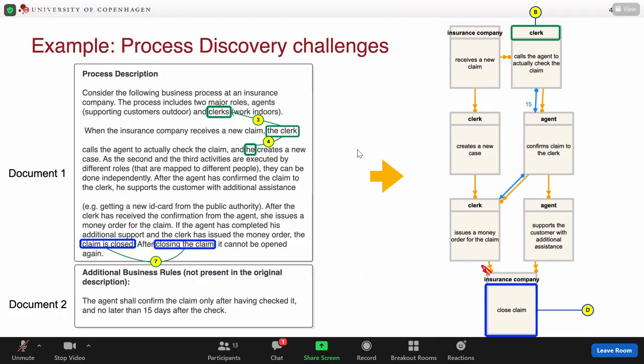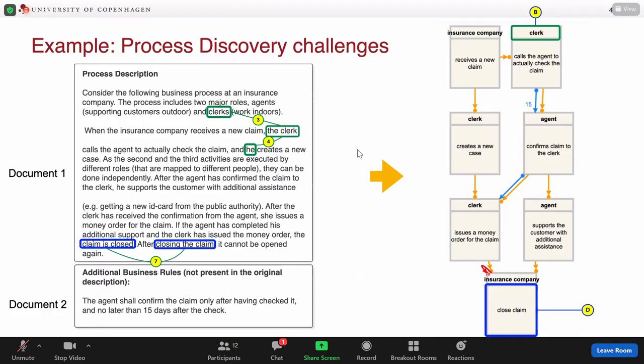But I'm going to show you a couple of examples where complexity becomes a tricky part. So the first thing is the many-to-one correspondence. You see on the one side a couple of process textual descriptions, and on the right side you have a process model, in this case a declarative process model represented by a DCR graph. What you would like to do is to identify that you have different textual elements that correspond to one given process element.